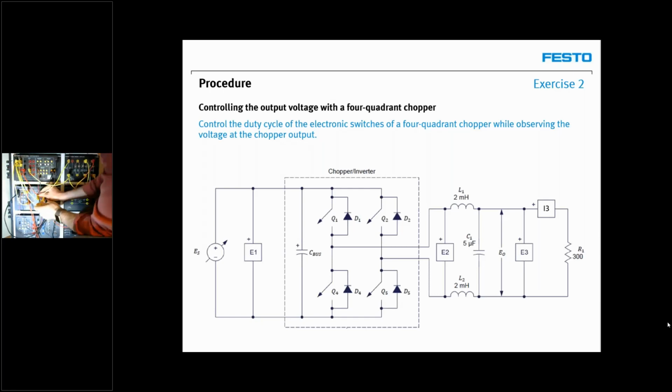And finally, E3 is connected at our load. So the top of my load is right here. So I will connect right here for my E3. And the other terminal is shared with this here. So I can connect it right here. Like this.